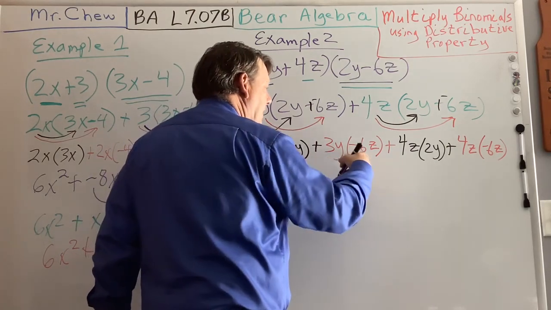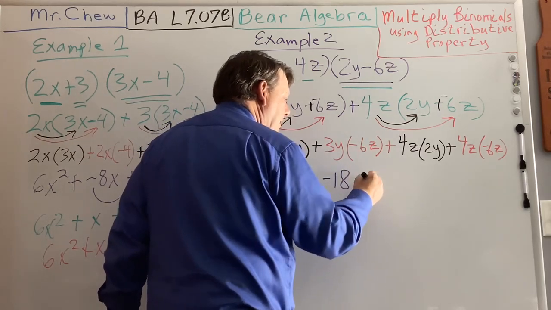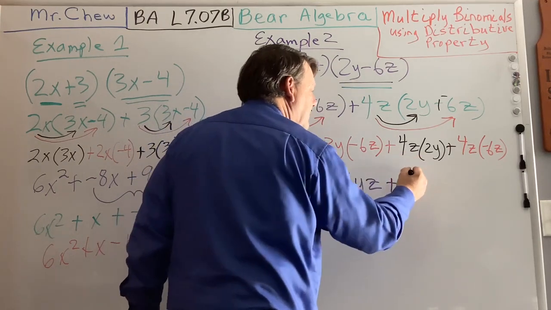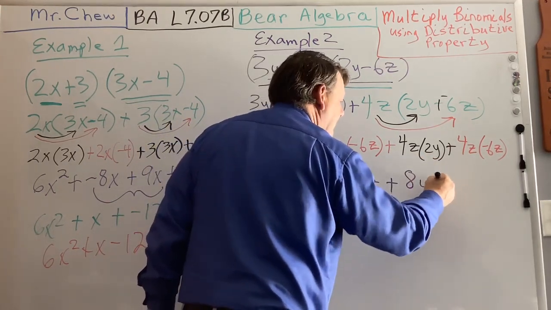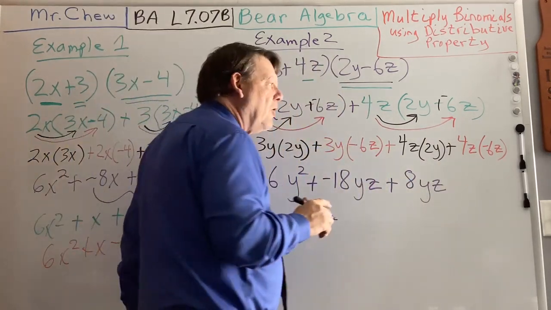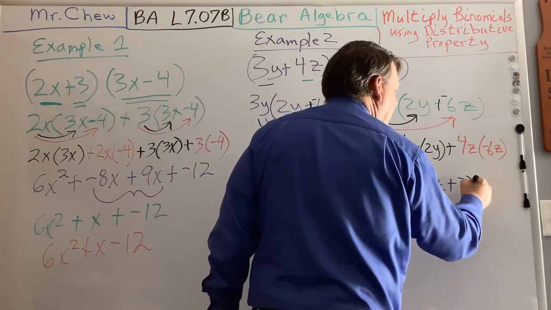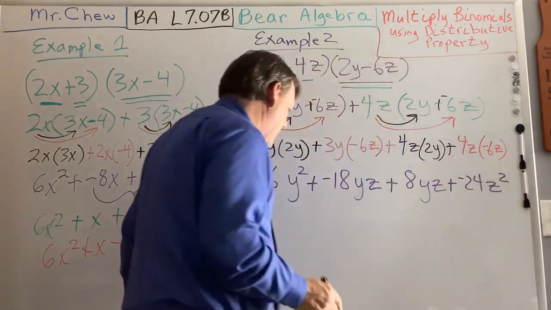Plus 3 times negative 6 is negative 18 yz. Plus 4 times 2 is 8. And zy can be written as yz so that they're going to have like terms here. That's called the commutative property of multiplication. And 4 times negative 6 is negative 24. z times z is z squared.